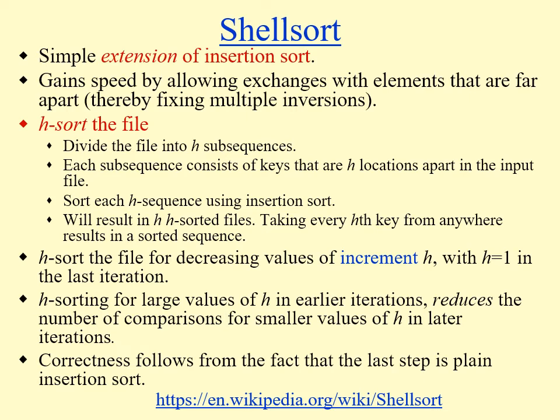That means we may exchange with some elements which are far from the current location. And during this round, we may clear or fix several inversions. So what's the basic idea?